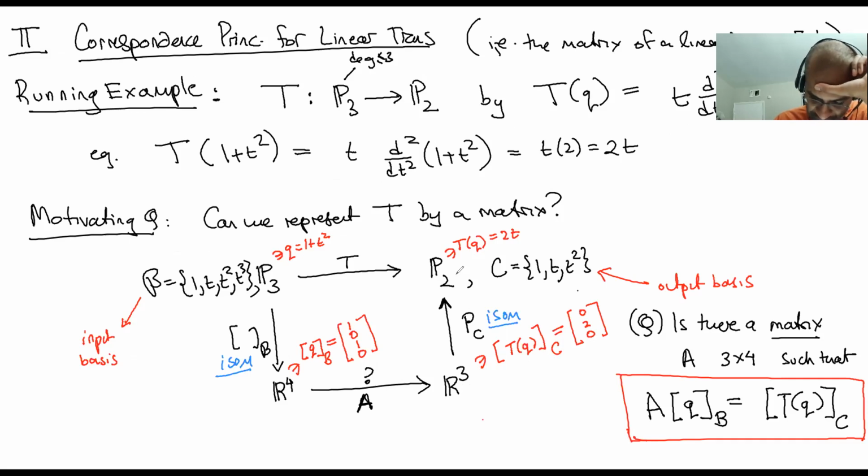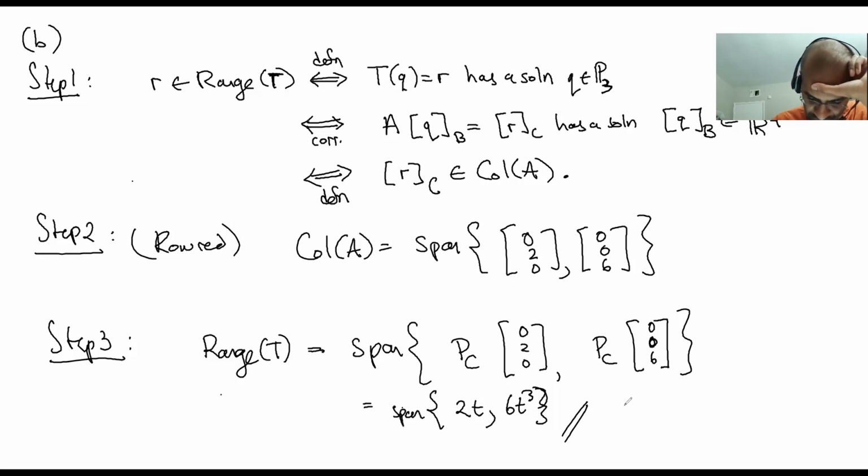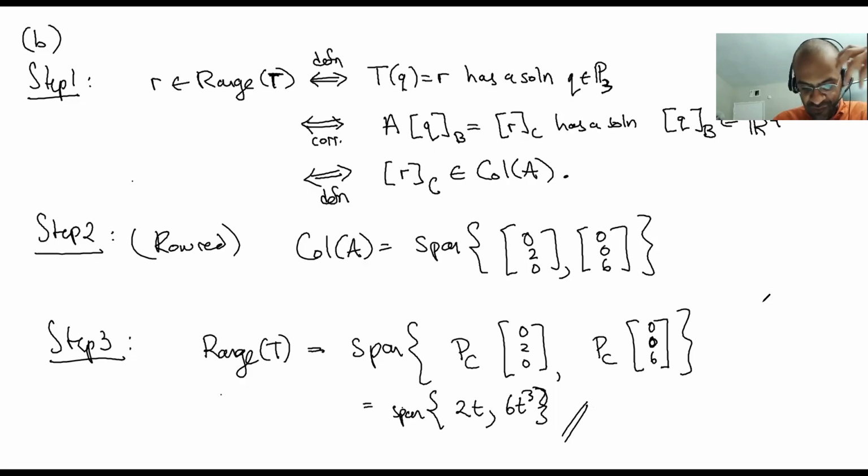PC. Which in this case turns out to be, I guess this is just 2t, and this is 6t cubed. So these are a basis for the range of T, and 1 and T are a basis for the kernel of T. Okay, so we solve these problems by turning them into concrete problems.